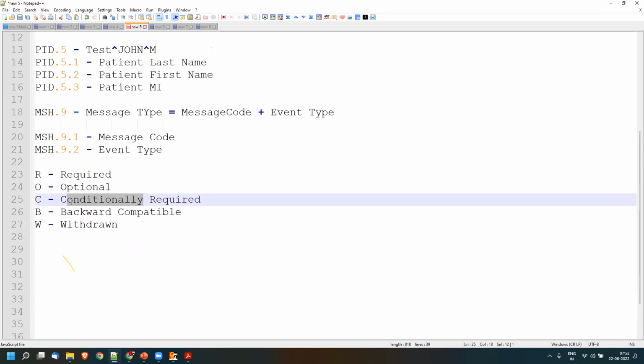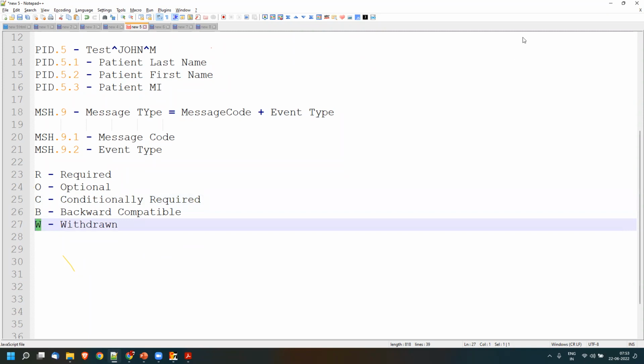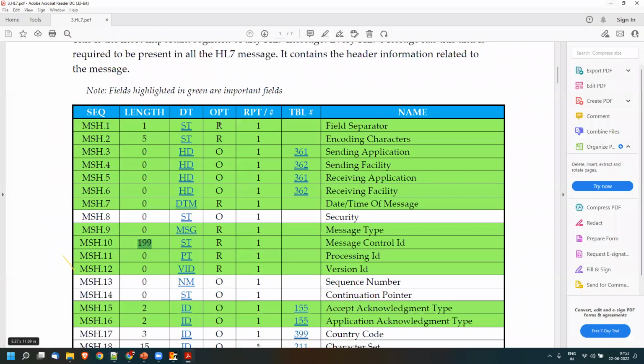Next, we have backward compatibility. If a field has B, it means that it is retained for backward compatibility, and in the future they are going to deprecate that field, which means that field is not going to be used anymore. Whatever field is concluded to no longer be used will be represented with the help of W. That's how you interpret what you have in the optionality field.